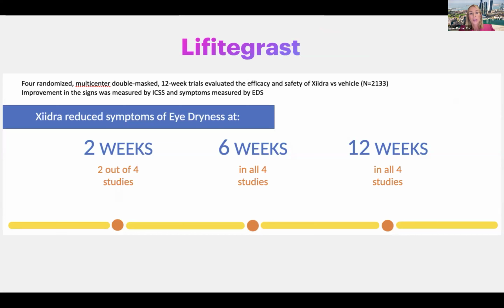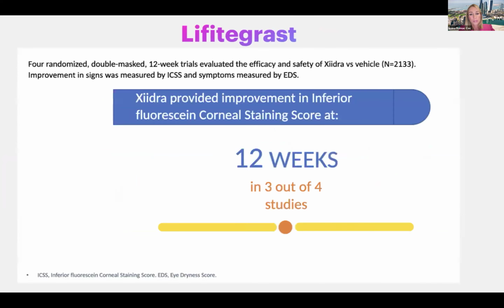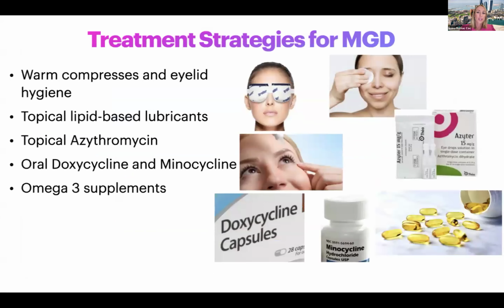And they found that in patients treated with lifitegrast, symptoms reduced after 2 weeks in 2 out of 4 studies, and after 6 weeks in all 4 studies. And the improvement in inferior fluorescein corneal staining was seen after 12 weeks in 3 out of 4 studies.